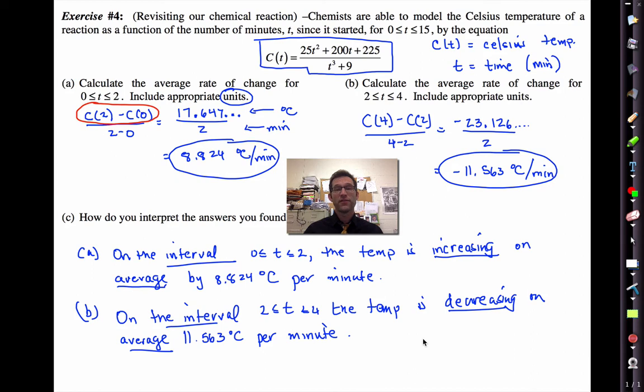And then finally, the fact that it is either increasing or decreasing on average. One of the biggest mistakes students would make here is just saying, well, the temperature is increasing by 8.824 degrees Celsius per minute. And that it's not doing, right? It's doing it on average, but it's not doing it at every moment in time. All right. Well, I'll pause the video now. I'm going to clear it out, and then we'll finish up.